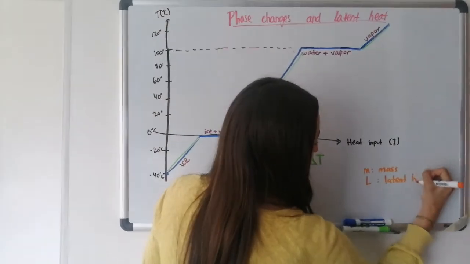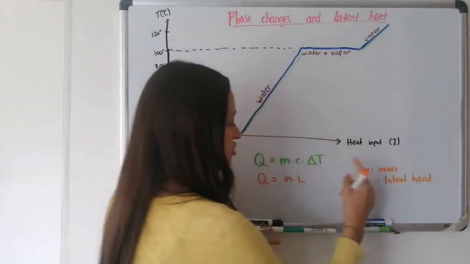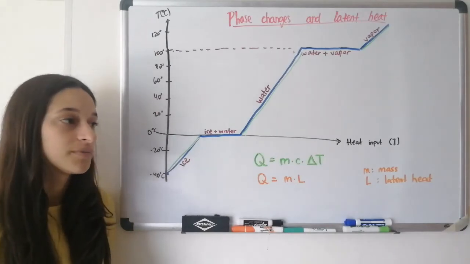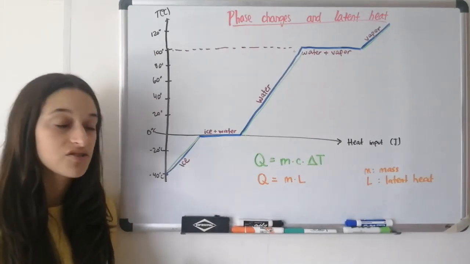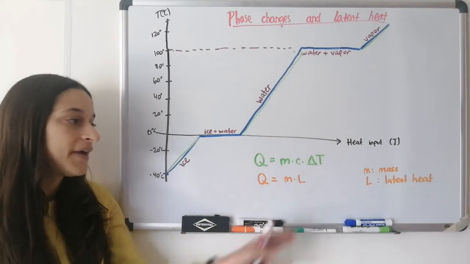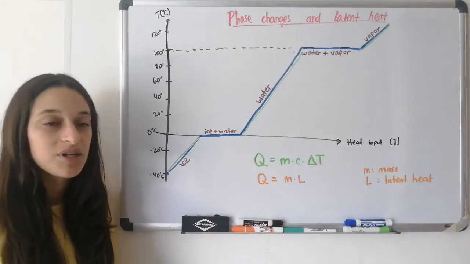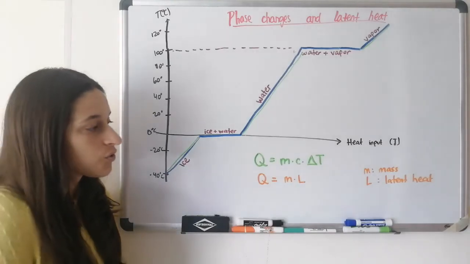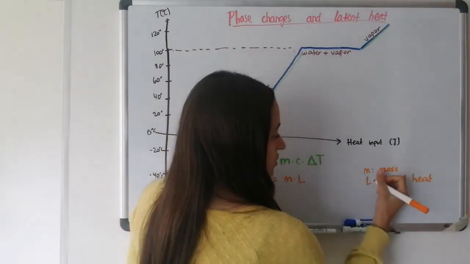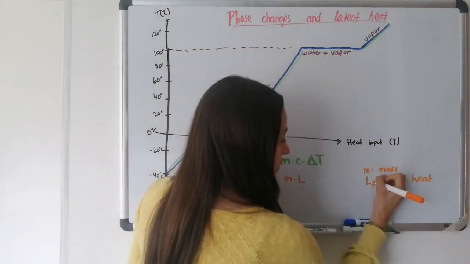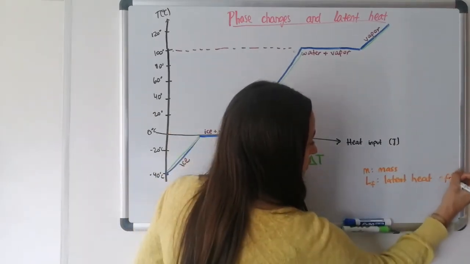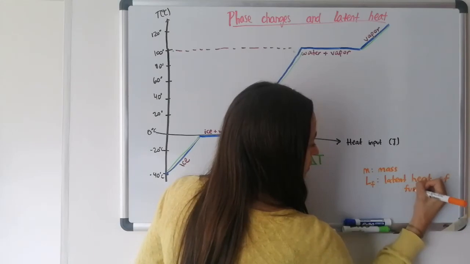So what is latent heat? It's a constant. Just like our C was a constant that told us how much heat each type of material requires to change its temperature, L is also a constant. Because we're only going to talk about water, we only need two constants. There is one called LF, for fusion, the latent heat of fusion.